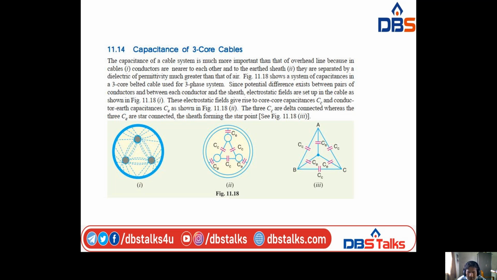The figure shows the capacitance in a 3-core belted cable used for a 3-phase system. Since potential difference exists between pairs of conductors and between each conductor and lead sheath, electrostatic fields are set up in the cable as shown in the figure.